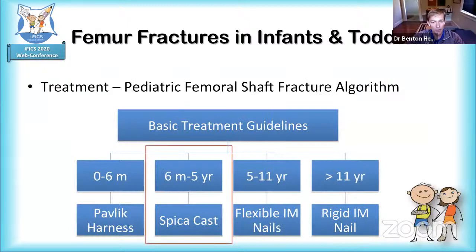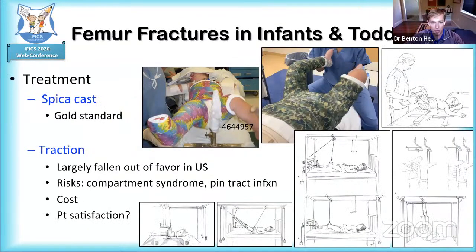So when we talk about spica casting for this age group, there's some principles to adhere to. Of course, traction is of great historical interest, and while it may have fallen out of relative favor in the US due to risks such as compartment syndrome, pin tract infections, cost, and really patient satisfaction and the need for inpatient stays, which we've discovered are unnecessary, there's still a role for traction in various situations.